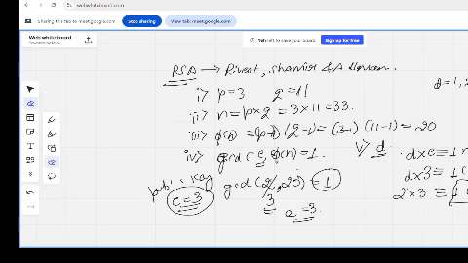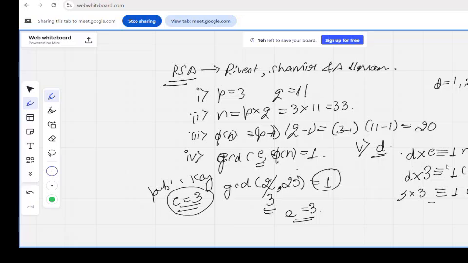So you will assume the value of D one by one. When I assume 2, 2 3s will become 6, not congruent to 1. So 2 is not correct. Now we will assume 3. 3 3s is 9, and 9 is not congruent to 1 mod 20.